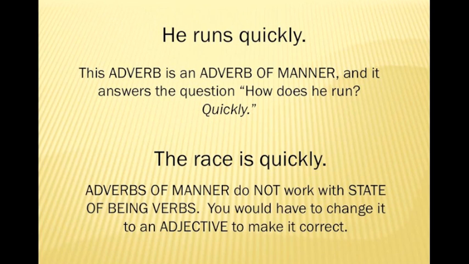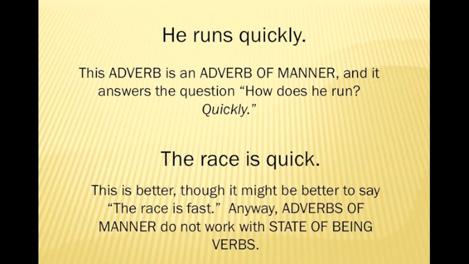You cannot say "the race is quickly," because "quickly," as it is always an adverb, and in this case you can't say it's a "quickly race." So you would actually have to change this adverb to an adjective to make it correct. So watch what happens. This is better, though of course it might be better to say "the race is fast." But anyway, adverbs of manner don't work with state of being verbs. So in this case we would have to use an adjective form.